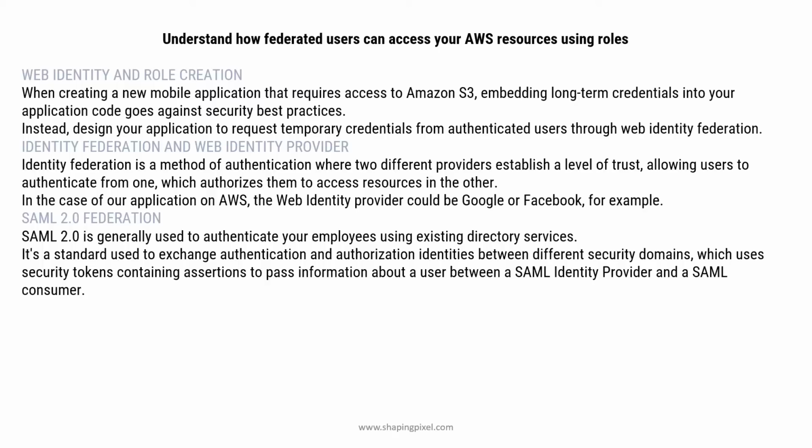Understanding these two methods of federation access using roles in AWS is crucial for managing access to your resources. Whether it's for large-scale access from unknown users or authenticating your employees using existing directory services, AWS provides the necessary tools for secure and efficient access management.